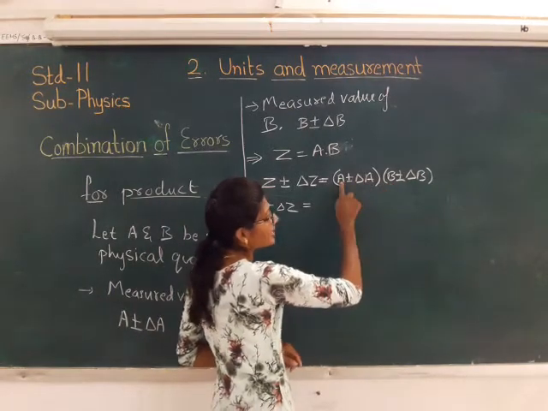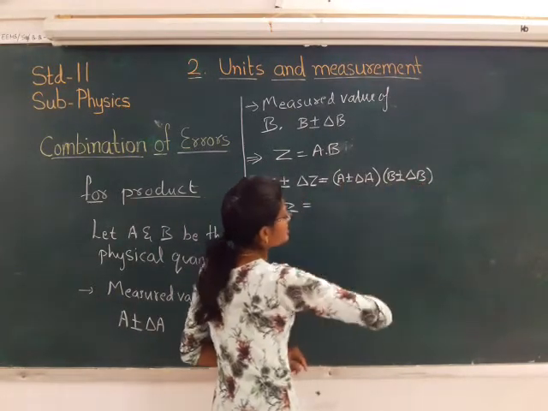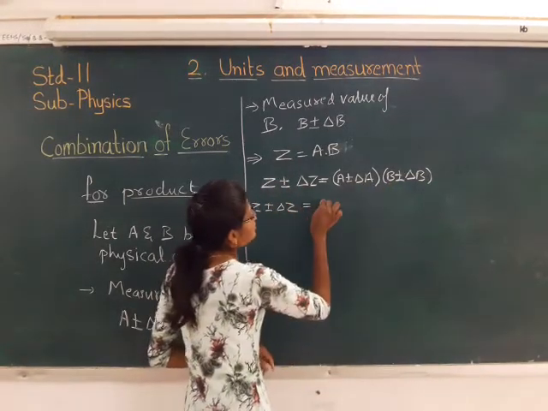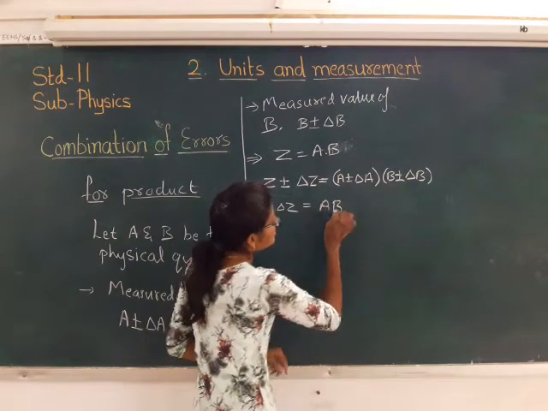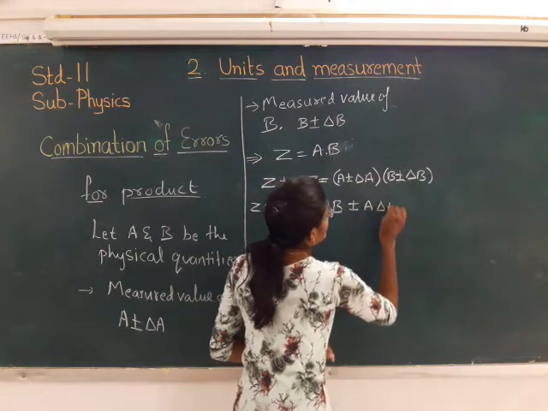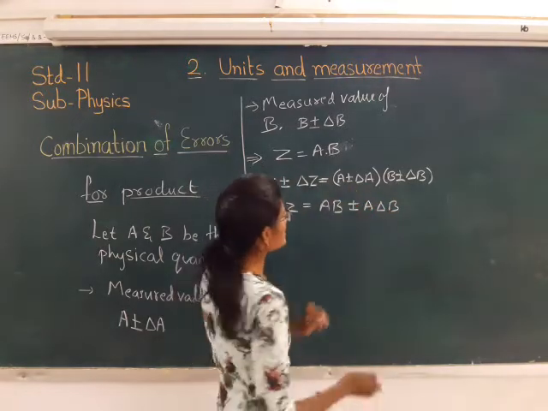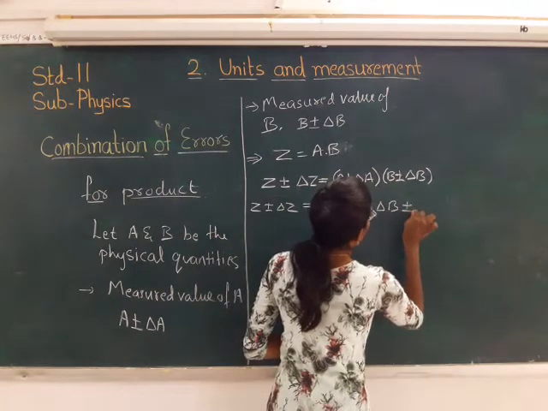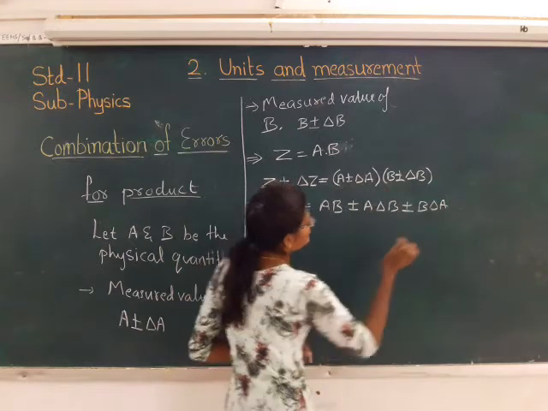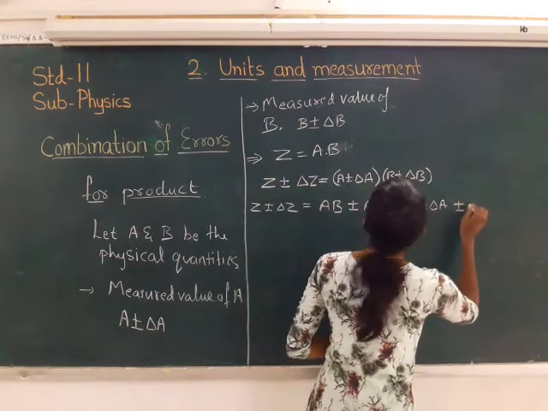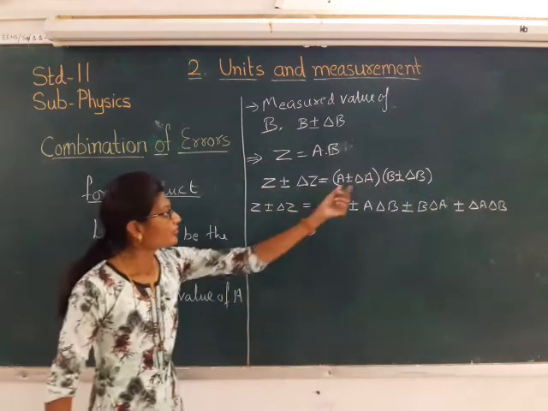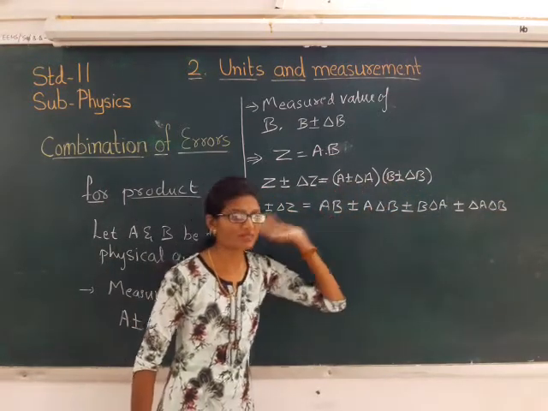First multiplying the A term with B plus minus delta B, then multiplying delta A with B plus minus delta B. So it will be AB plus minus A delta B, then multiplying this term, plus minus B delta A, plus minus delta A delta B. We have opened up this bracket and the terms are multiplied.